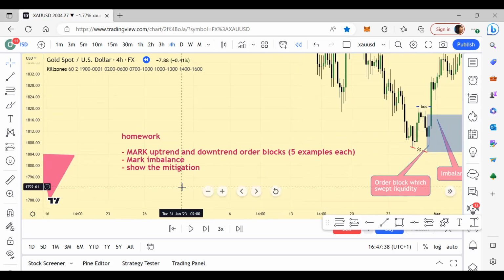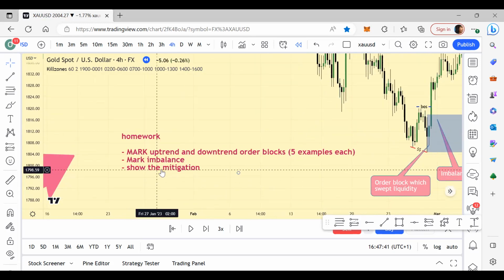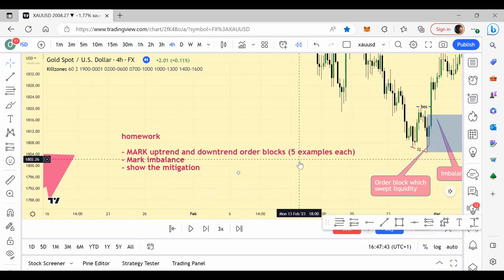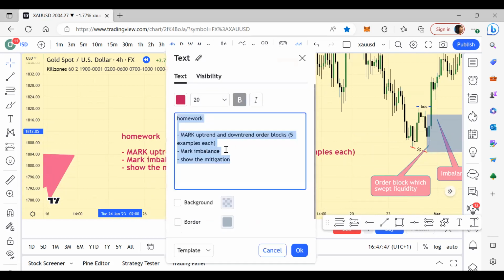You need to send examples of uptrend and downtrend order blocks. Mark the imbalance within the order blocks that you find. That's what I want. I just said Word documents, Microsoft Word.